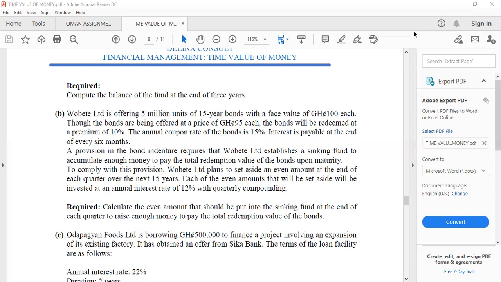But you are going to incur the discount cost of 5 cedis. That is the company that is going to incur the discount cost, not the bondholders. You're not going to tell the bondholders that the value of the bond that they have in the company is 5 million multiplied by 95 cedis. No, you decide to give them the bonds at 95 Ghana cedis.